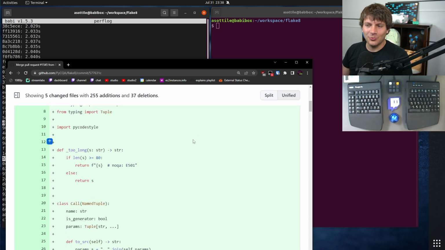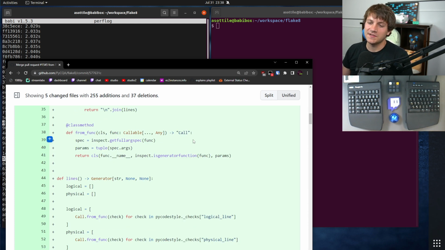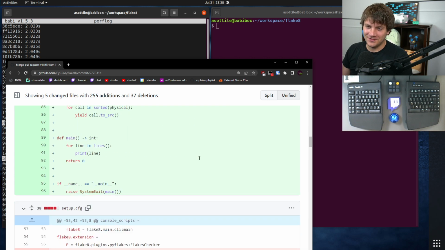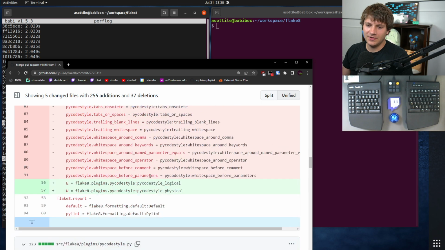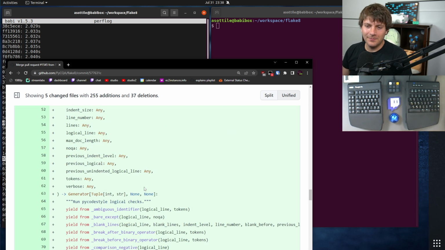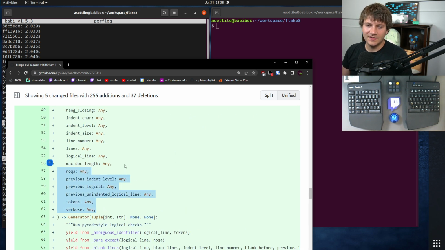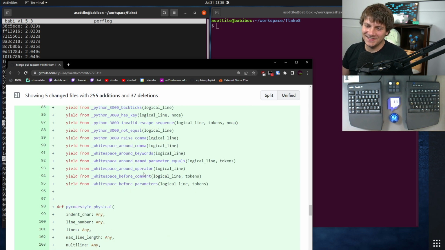And so what I did instead was take the pycodestyle plugin, which is one of the built-in plugins that has a lot of functions, and I wrote some code generation so that instead of having all of these functions being called, I just have two individual plugins, and those manually call the underlying functions. So it doesn't have to build any of those keyword argument dictionaries. It just has to build this keyword argument dictionary a single time. And this alone speeds up flake8 by about 10%.